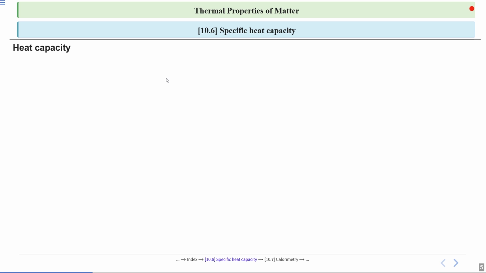Now here the question arises, which one gets hot quickly? First A or second B? The metal one feels hotter. Why? Because it takes in heat faster.